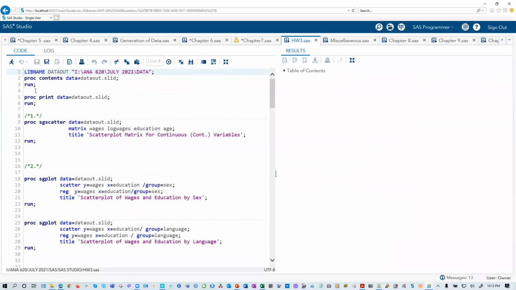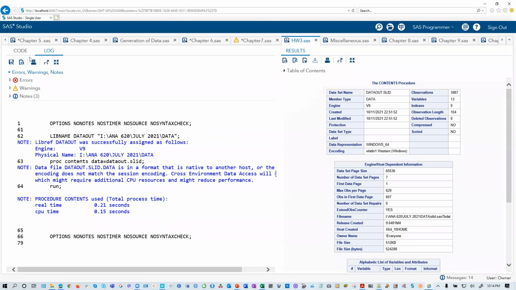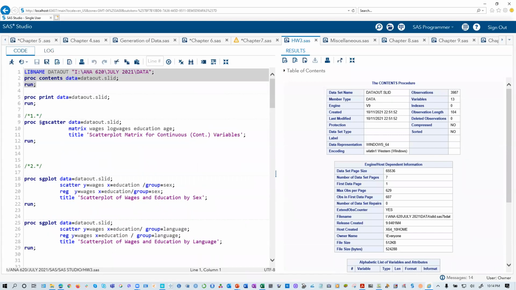Let's go ahead and get this data. We're going to go to the work directory. Oh no, data out, sorry. It's going to go to the data out directory. Then we can do those.